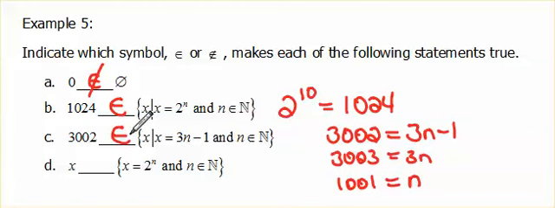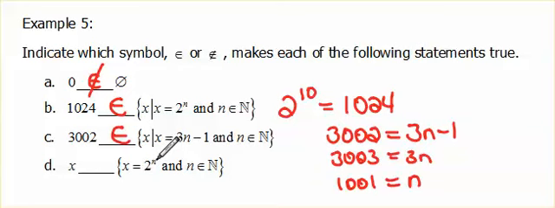Now the next one we have is x. Is x an element or not of this pattern 2 to the n, where n is an element of the natural numbers? Well, if I do 2 to the first, that would be 2.